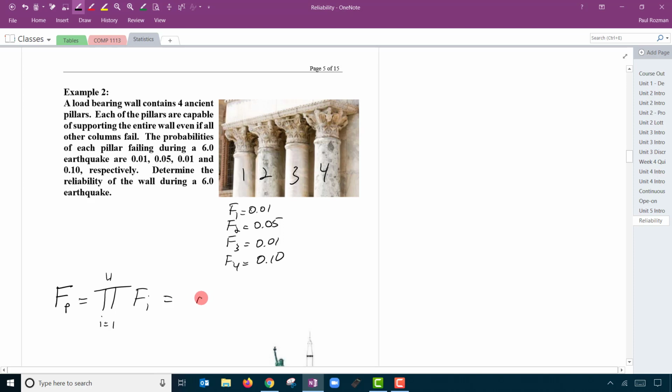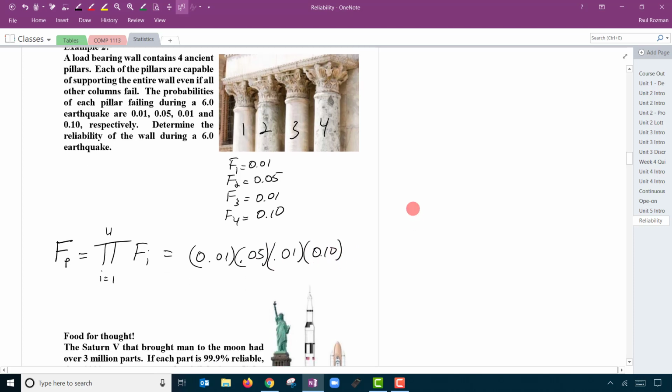So we'll have 0.01, 0.05, 0.01, and 0.10. That's the probability of it failing. And then to get our reliability in parallel, we'll just do 1 minus the failure. So 1 minus that product, and we get 0.999995.